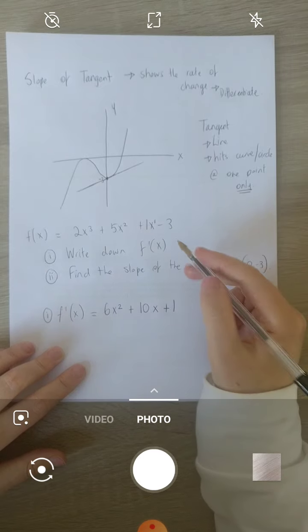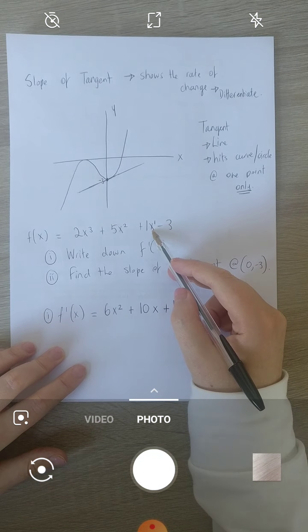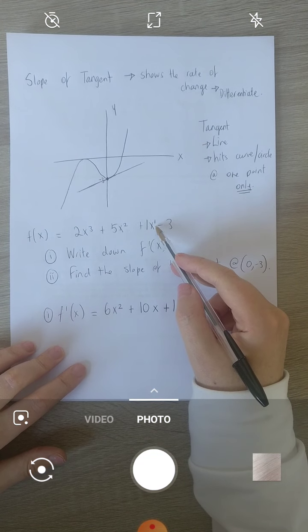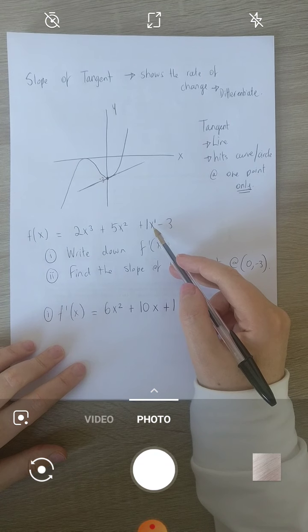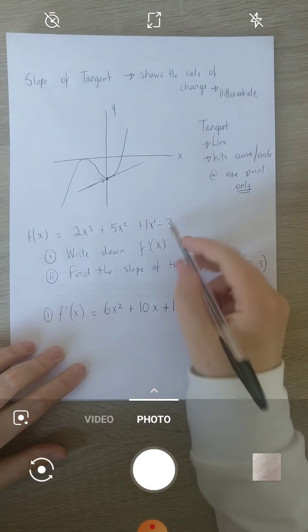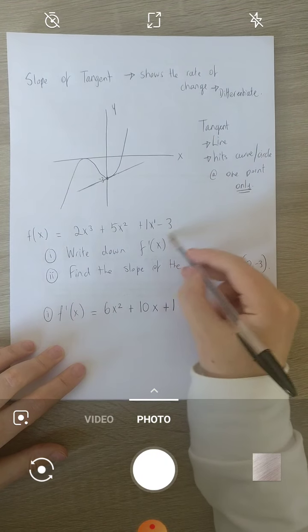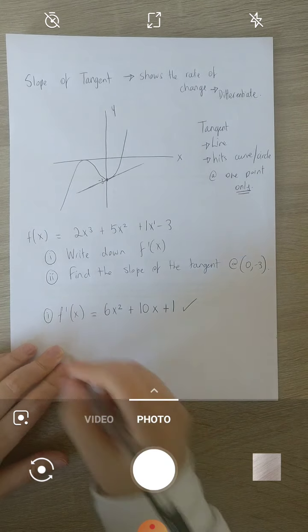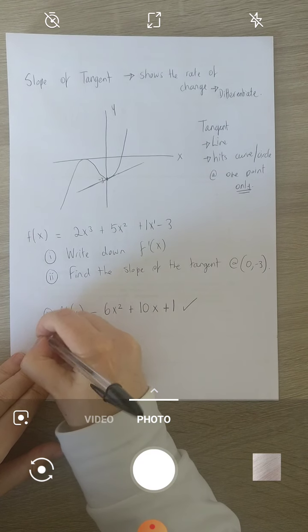Remember from the previous video that would reduce from x to the power of 1 to x to the power of 0. X to the power of 0 is the same as 1, because anything to the power of 0 is 1. So this is our final answer. Because there's no x here, we don't differentiate it. That's the final answer for part 1.